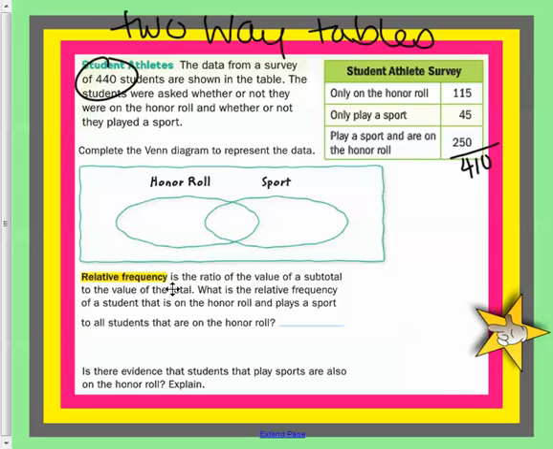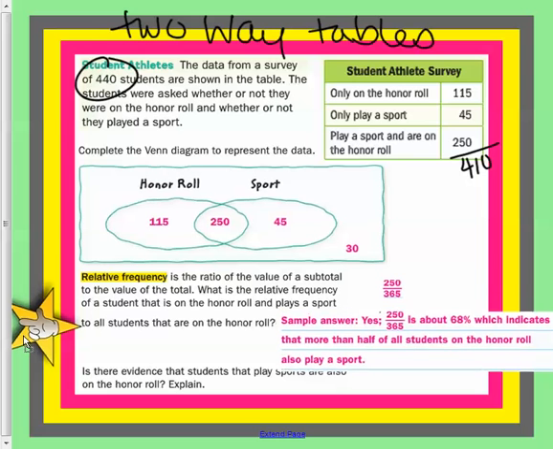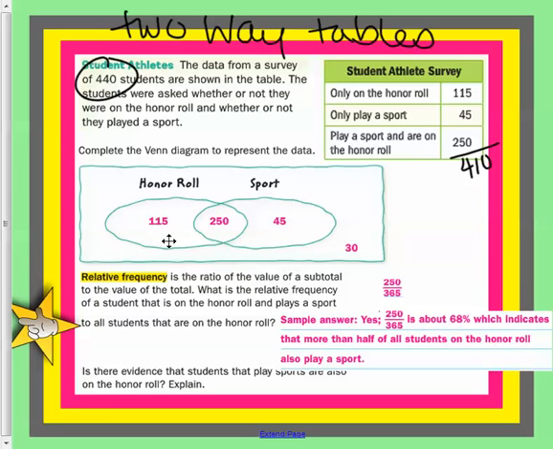So our relative frequency is the ratio of the value of the subtotal to the value of the total. So when we look at this, our honor roll is 115. Our sport players are 45, and those who do both are 250. The leftovers are the people that aren't on honor roll and don't play a sport. Those are only 30.